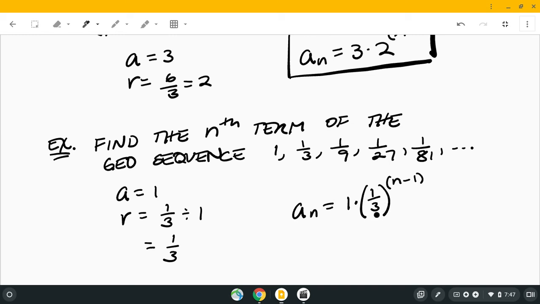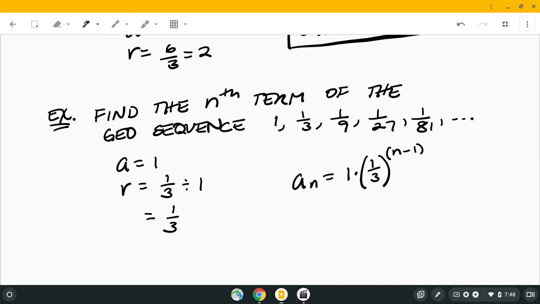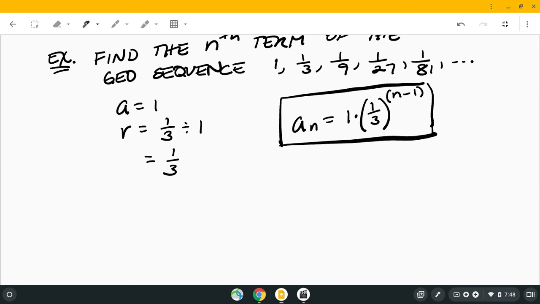R is all of this, which is 1/3, so all of this should get the exponent. You can write it like this, or you can write it without the 1. Not really sure how WebAssign will accept it, so if it doesn't accept this, then take off the 1.